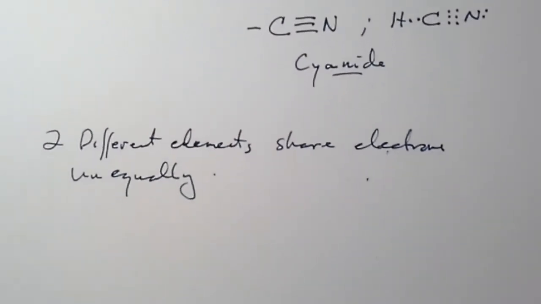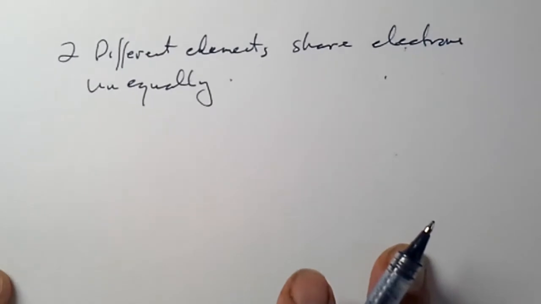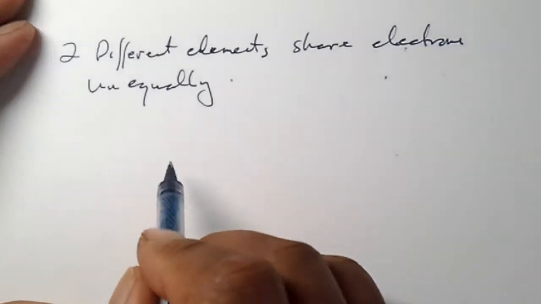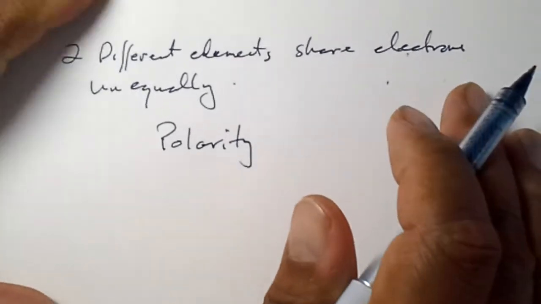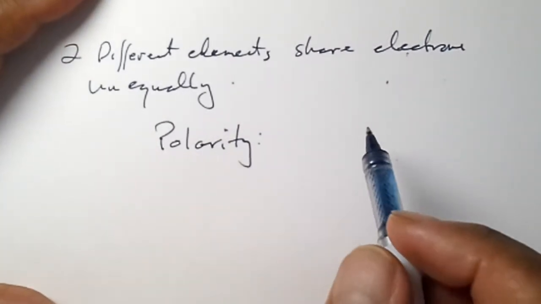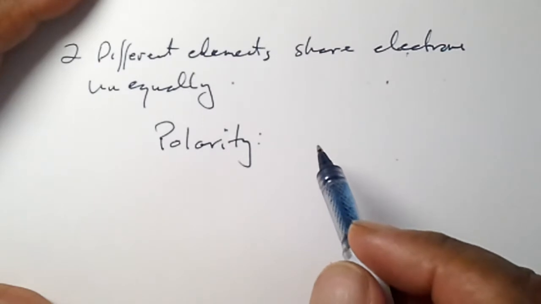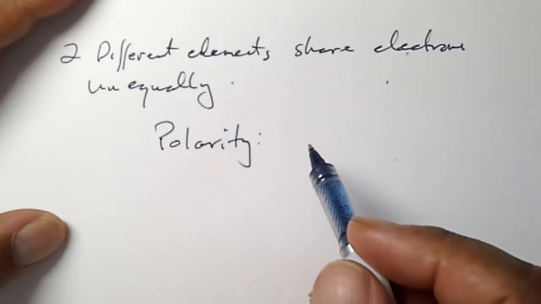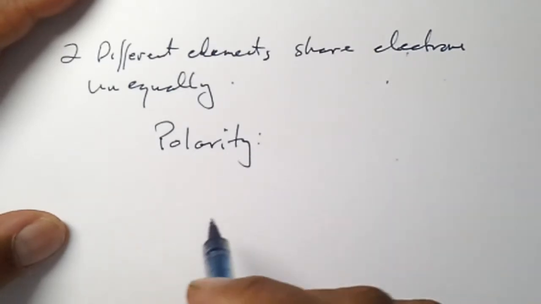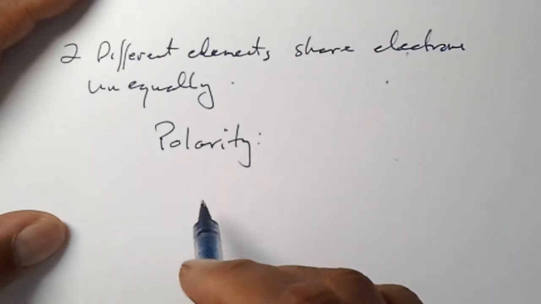The unequal sharing of electrons results in what's called polarity. And you can have polarity induced by the presence of a strong negative force or positive force, or it could be inherent in the molecule, it could be present in the molecule.